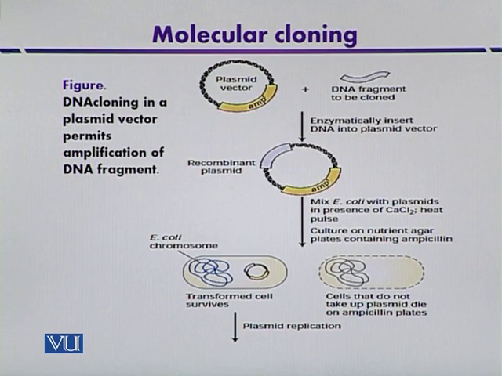So you will understand in a much better way in this diagram: DNA cloning in a plasmid vector permits amplification of a DNA fragment. So suppose here is our gene of interest, and here is the plasmid vector that we can use as a cloning vehicle, and it contains selectable markers.